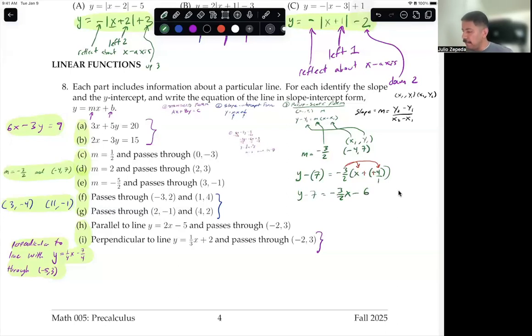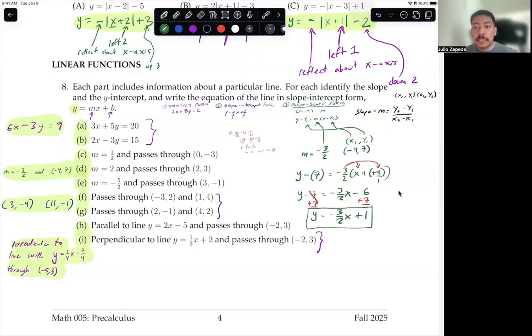Okay. And then finally, we want to get into slope-intercept form, where we want the y by itself and all the other terms on the other side. So I am going to get the y by itself by adding 7 on both sides. So y equals negative 3 halves x plus 1.